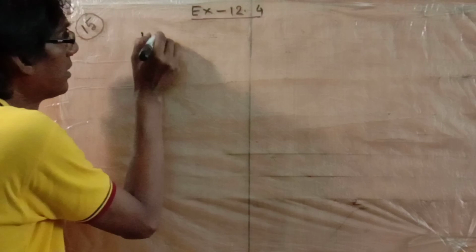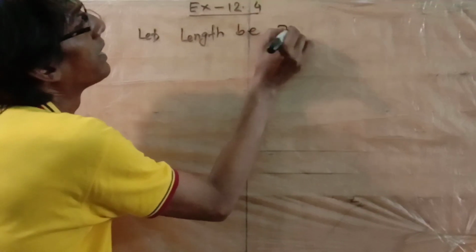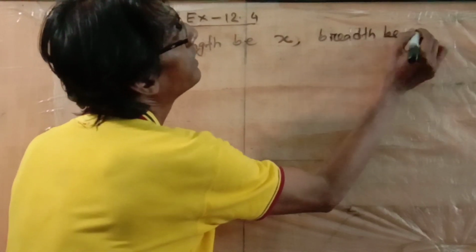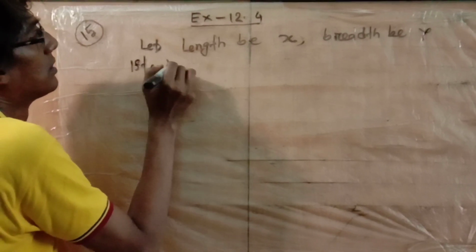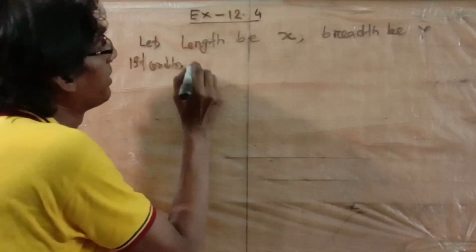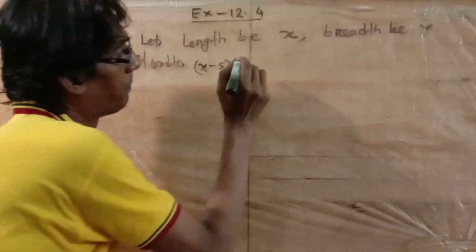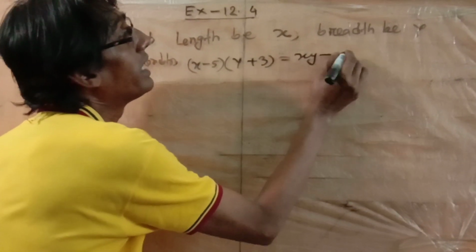We don't know the length and breadth. Suppose the length of the rectangle be x and breadth be y. So first condition: if we decrease 5 meter from length, that means x minus 5, and if we increase breadth by 3 meter, y plus 3, then their area will be less by 9.